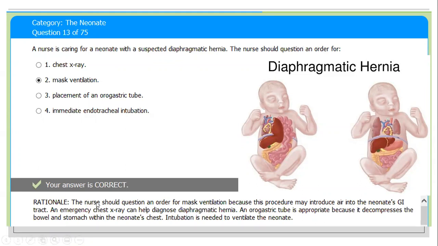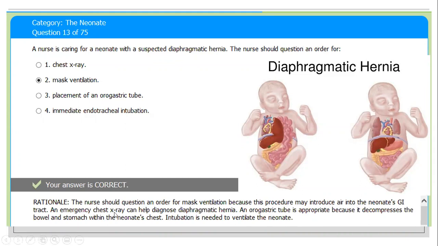The rationale said the nurse should anticipate an order for mask ventilation because these organs push into the lungs and the lungs do not expand well, right? So the baby needs oxygen. This procedure may introduce air into the neonate's GI tract.